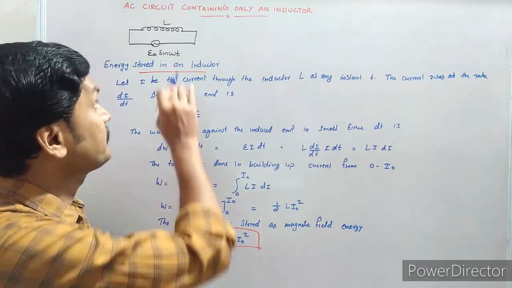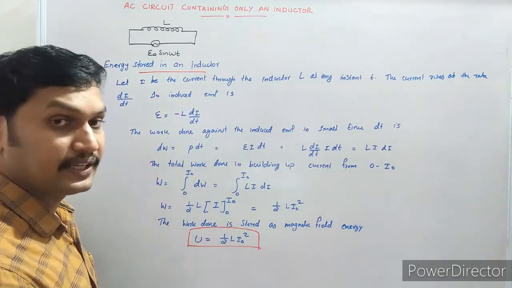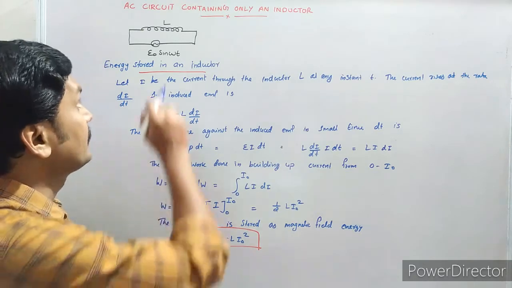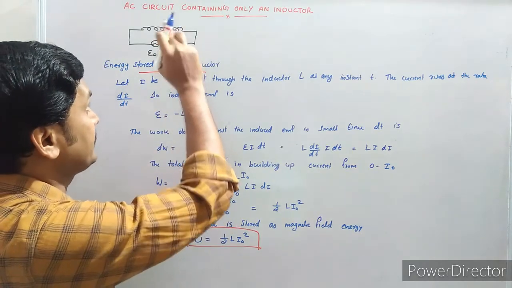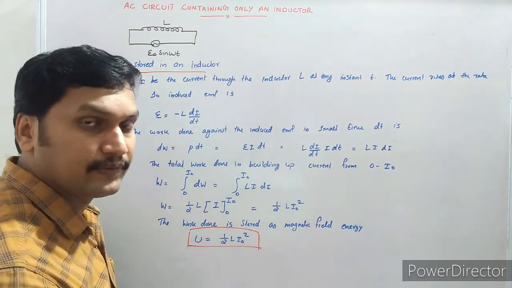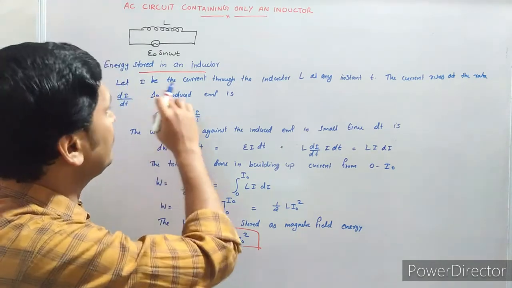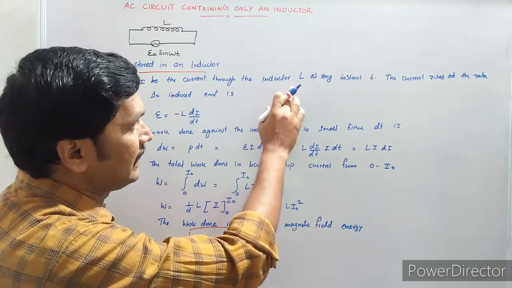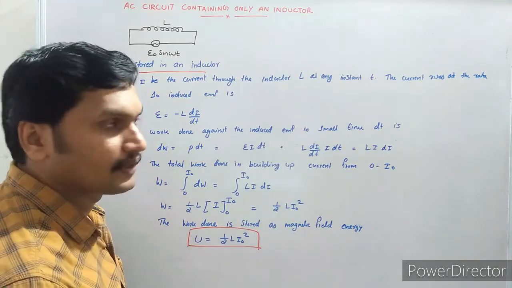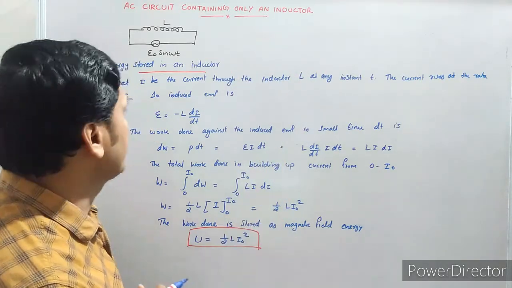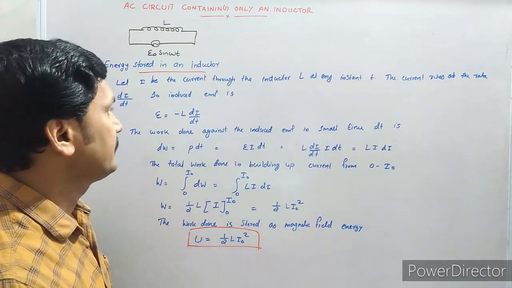Let's find an expression for the magnetic energy in that inductor. Here we have an inductor of inductance L connected to a source of EMF. The current starts growing in that circuit. Let I be the current through the inductor L at any instant t. The current rises at the rate of di by dt.